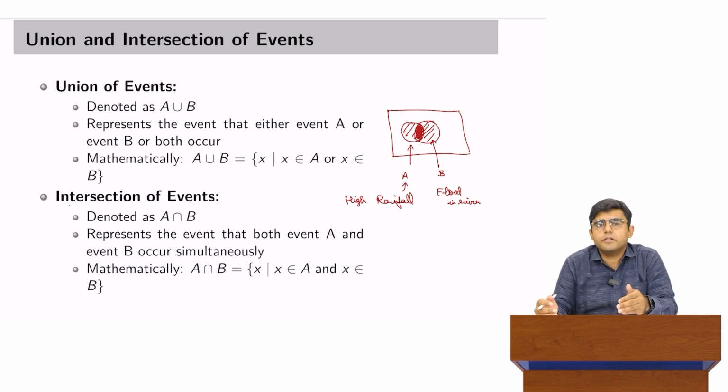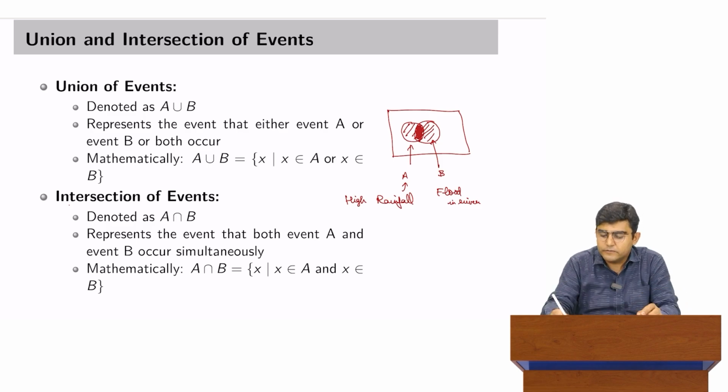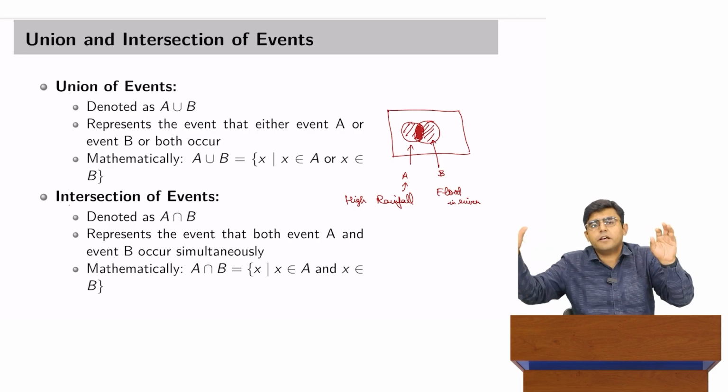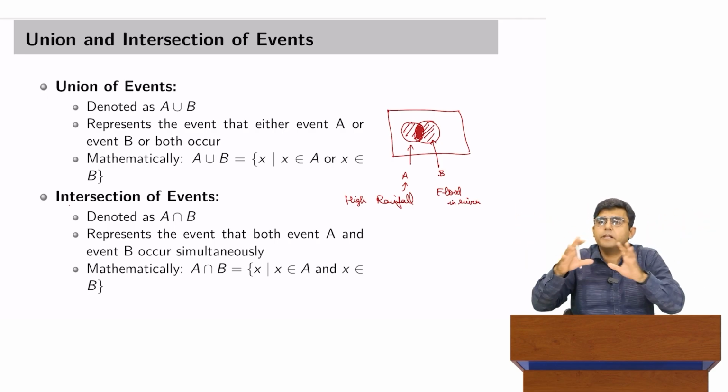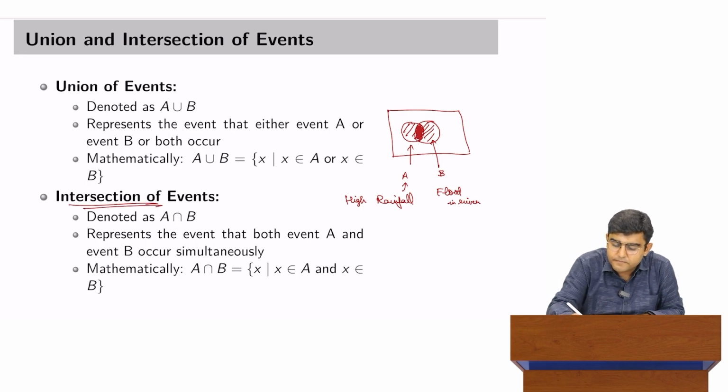Or it may also happen that high rainfall does not necessarily translate to flood, or there is a high water level in the river but there is no rainfall in that particular region. So we may say that all three regions are possible, where A and B are happening exclusively or they are happening in the intersection. When we talk about intersection, as the name suggests, we are talking about the region that I just highlighted now.